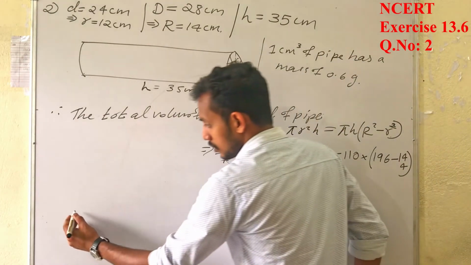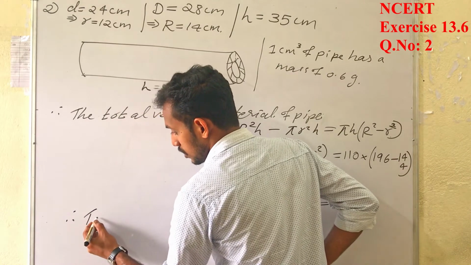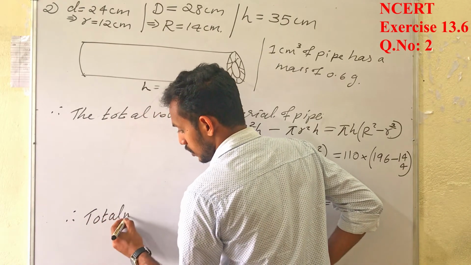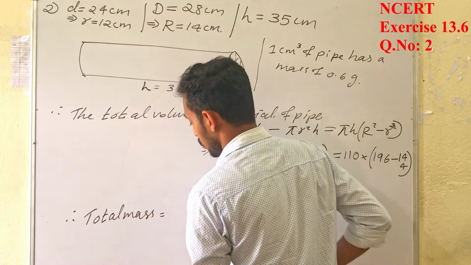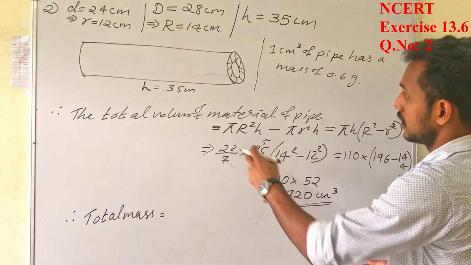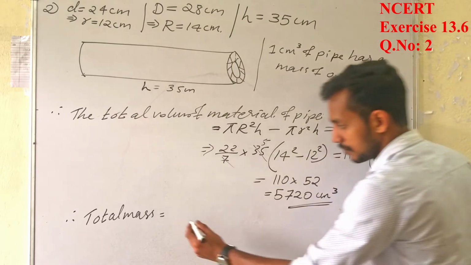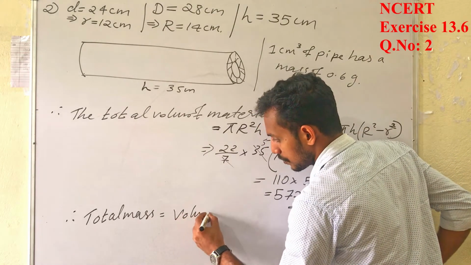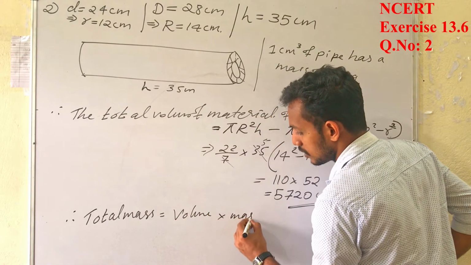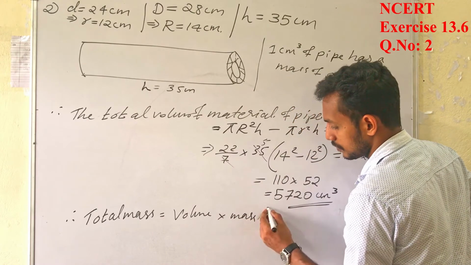Then, therefore, the total mass is equal to the volume of the cylinder into the mass per centimeter cube.